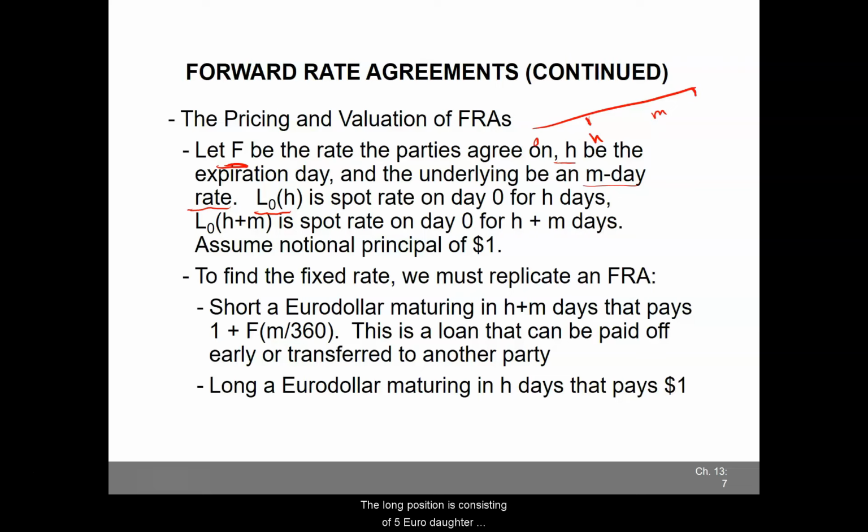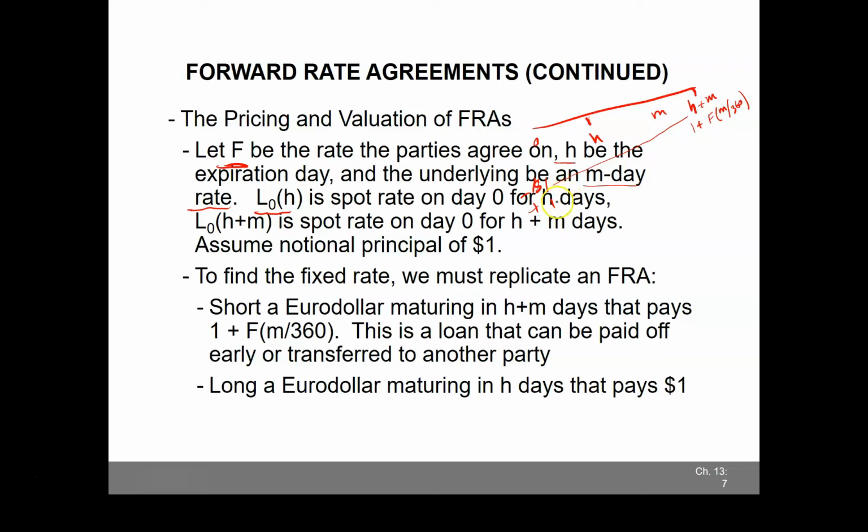The long position consists of a euro dollar maturing in H days that pays $1. So if we look here, we have a $1 short position and a $1 long position. The $1 short position will mature here at H plus M days, and it will require us to make a payment of 1 plus F for M days out of a 360 day year.